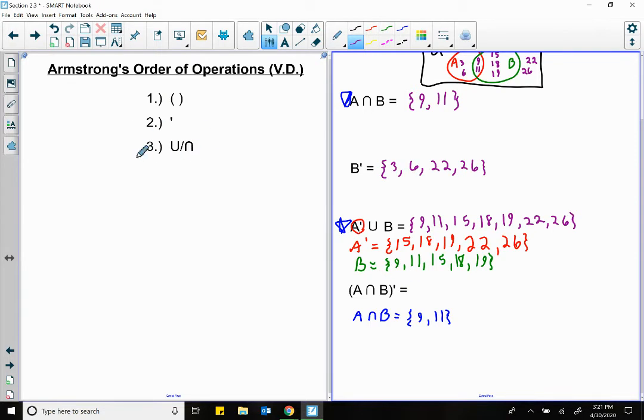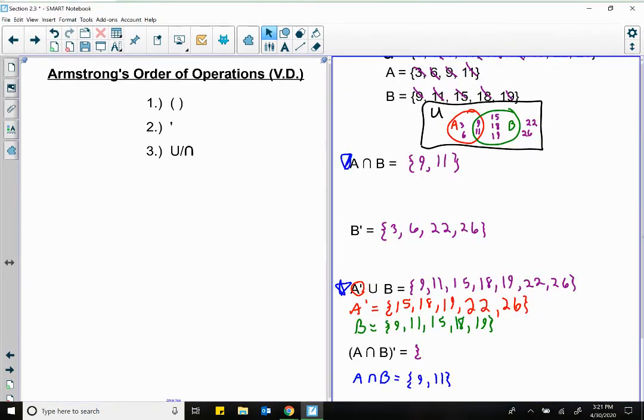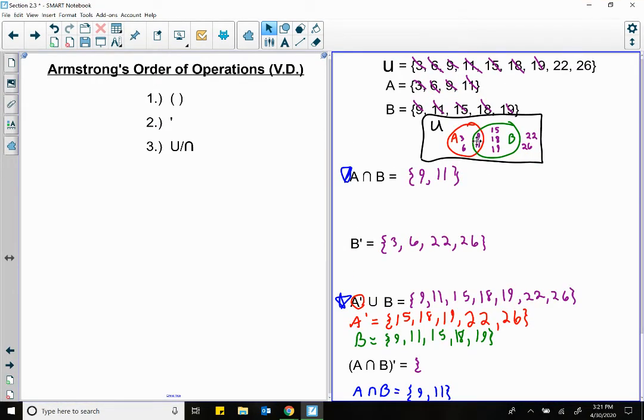You won't have to worry about the last step, because all that's left outside the parentheses is the complement. So we want to write down the roster for all the numbers that we did not list here. We listed 9 and 11. I need all the other numbers. It's like we have snapped the intersection out of existence. So this 9 and 11 right there, gone.